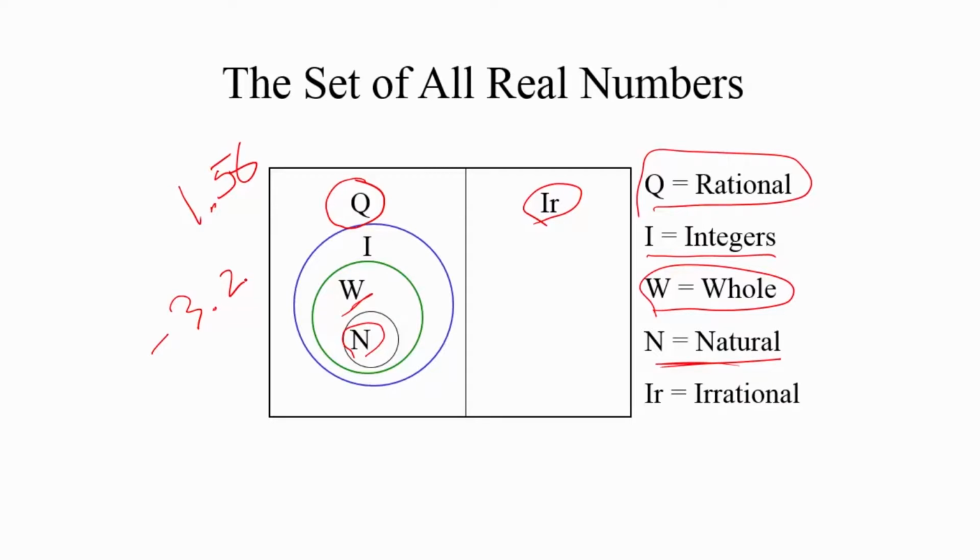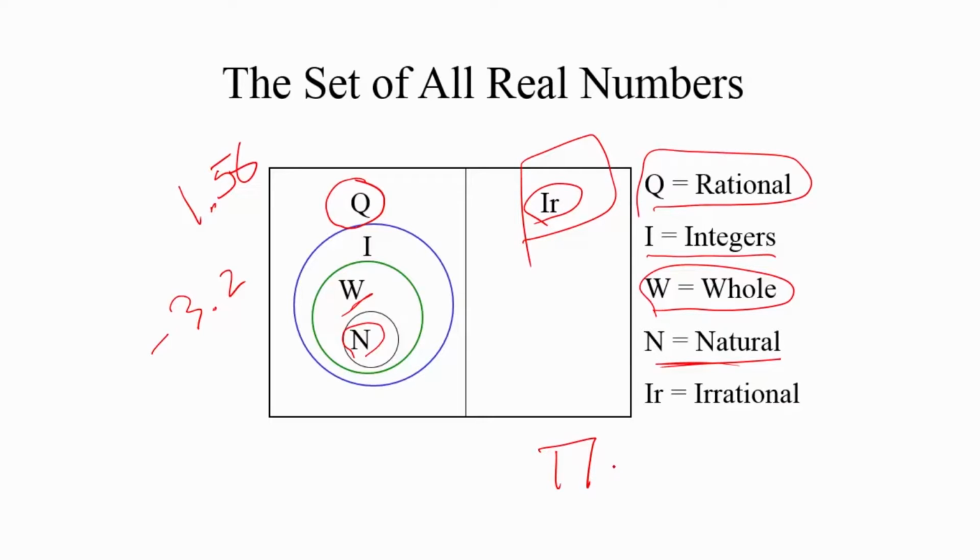Now, irrational numbers. Irrational numbers are numbers that have a decimal point, or are a fraction, but are not terminating in the form of a decimal. For example, pi is an irrational number, right?